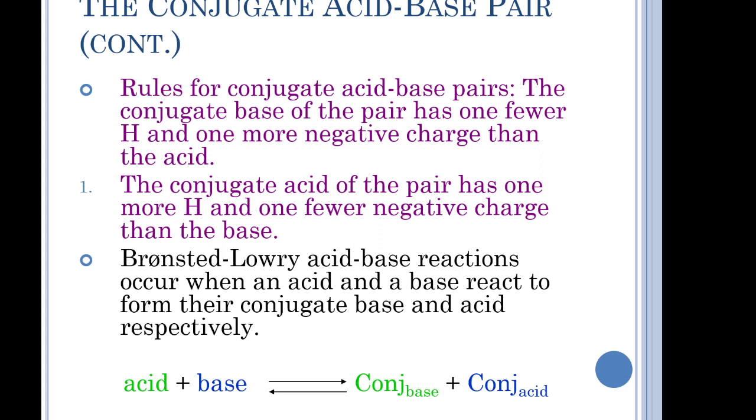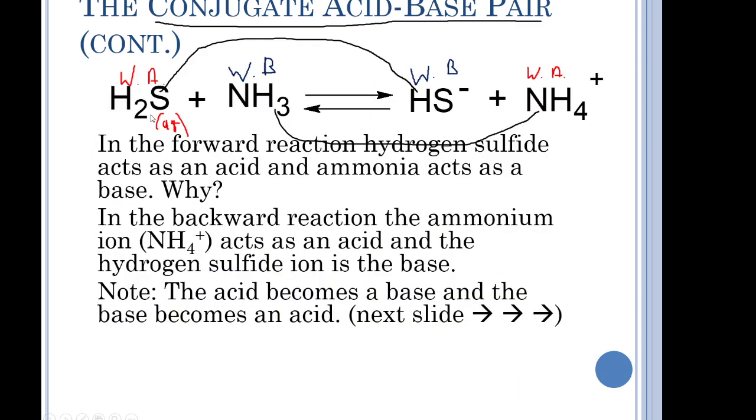So H2S, one less hydrogen, one less positive charge, became HS-. If I'm a base, my conjugate acid has one more hydrogen and one more positive charge.